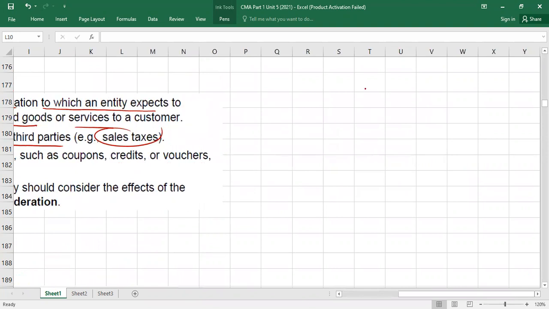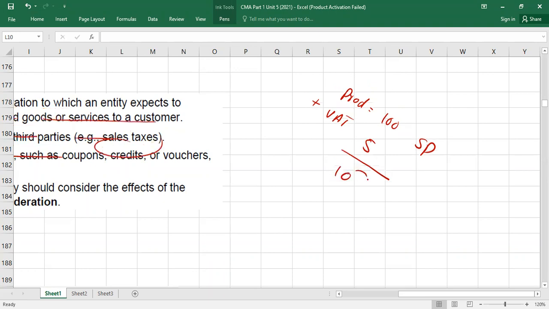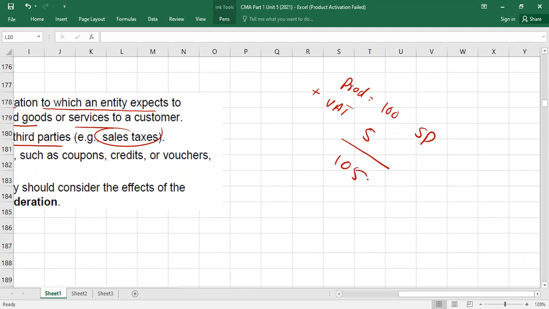For example, you are selling a product for $100. This is the sale price. But you are supposed to charge 5% VAT on that. So VAT is how much? $5. So how much will you charge from the customer? 105. Now when it comes to accounting, how much revenue should you book? Should we book revenue 100 or 105?